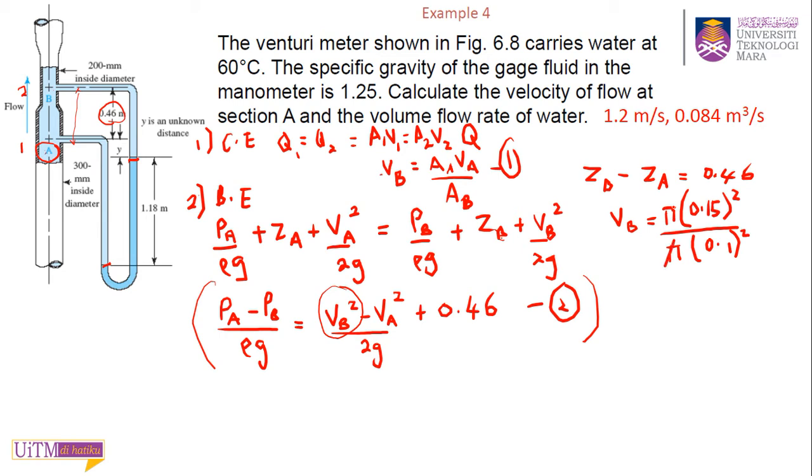This can cancel out. So VB equal to 0.15 squared over 0.1 squared VA. Okay, you can get the value in terms of VA.